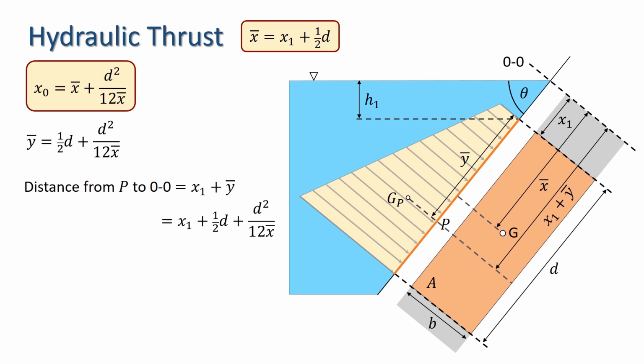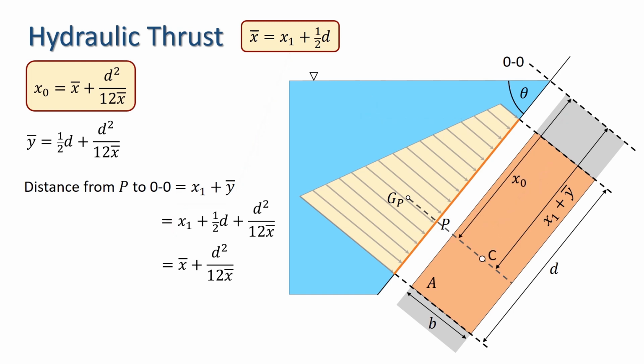We also know that x bar equals x1 plus 1/2 d, and we can see that this expression is identical to the formula for x0. Thus we have shown that the point P coincides with the centre of pressure C. The pressure diagram thus provides an alternative way of finding the centre of pressure.